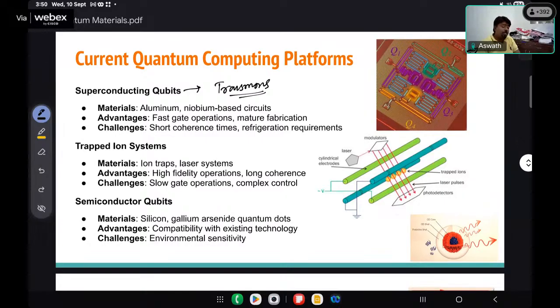Only thing is, in place of the inductor. So what is an LCR circuit? There is an inductor, there is a resistor, there is a capacitor which is connected to a battery. This is an LCR circuit.